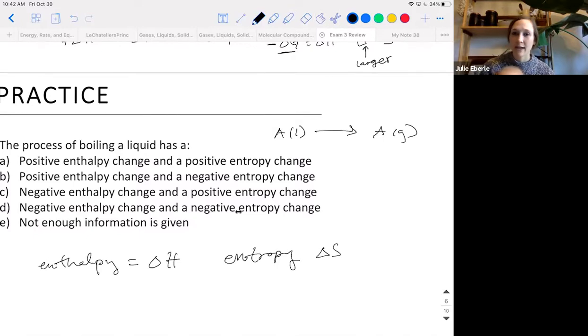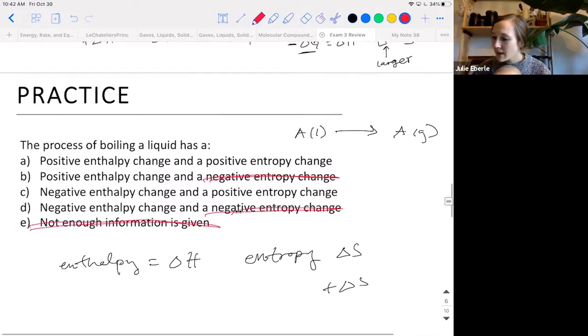We're going from a liquid to a gas. You're becoming more disordered as you boil something. So yes, Jenna says delta S is positive. So we can already mark out the options that say negative delta S. Negative entropy, that's not correct. Negative entropy, that's not correct. And we do have enough information, so that's not correct either. So it's either A or C. We need to figure out what delta H is.